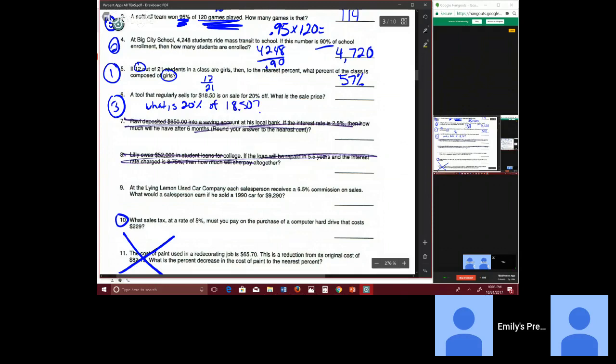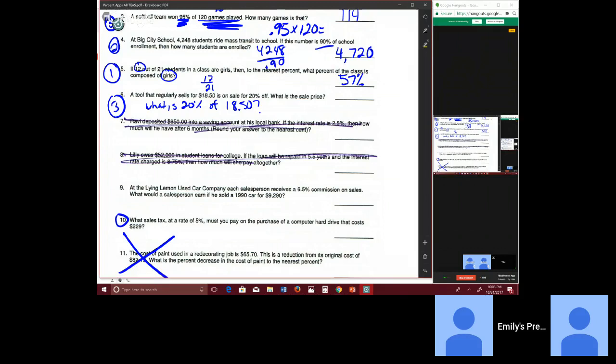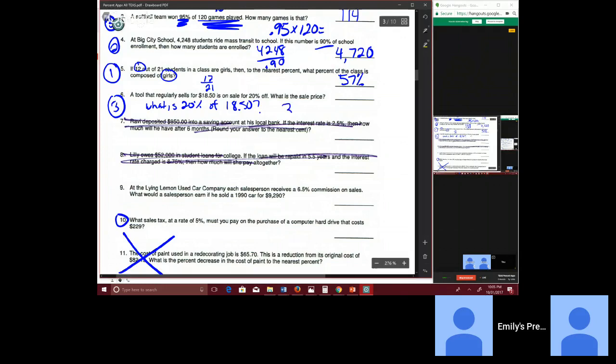Now, that's not the only thing we need to do. We also need to take that 20%, whatever we find that to be, and subtract it out of $18.50. So $18.50 times 0.2 tells us that 3.7 is 20% of $18.50.